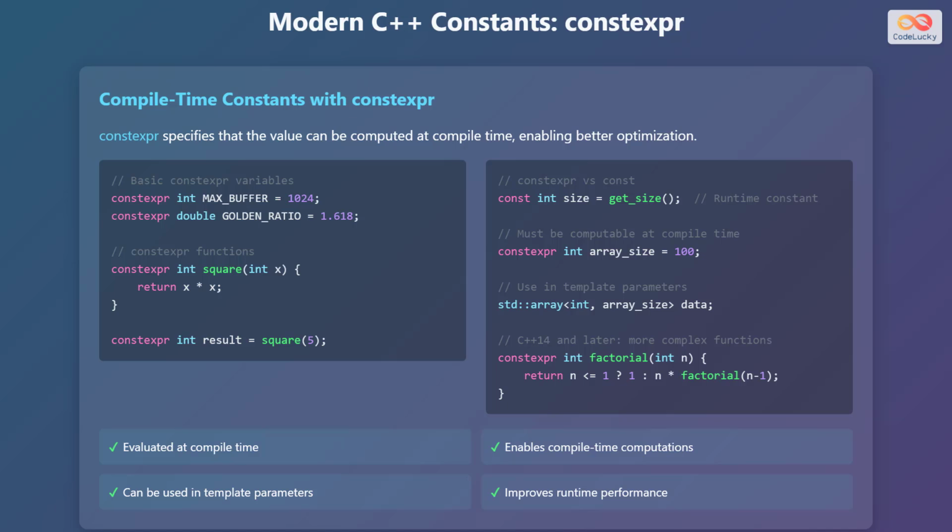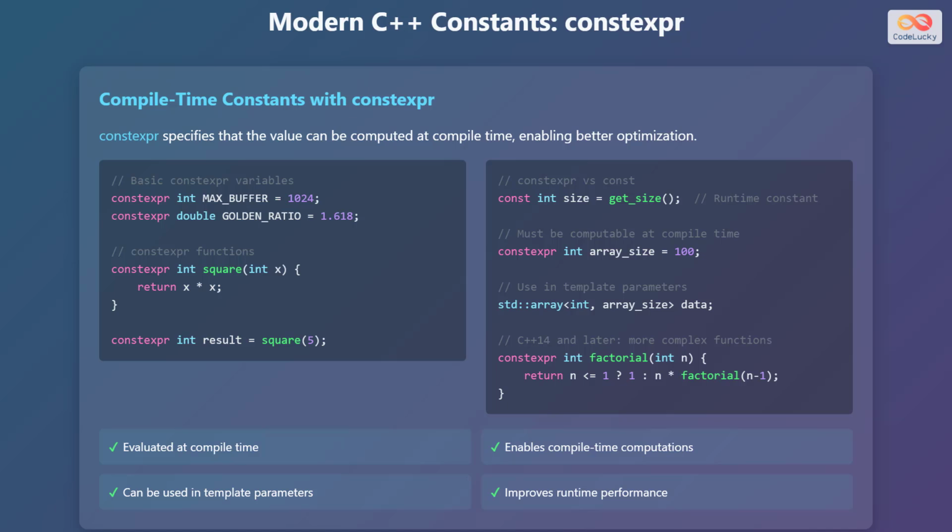When comparing constexpr with const, variables can be initialized at runtime, while constexpr variables must be computable at compile time. Constexpr can be used in template parameters, while const cannot. For example, we can use a constexpr variable to define the size of a standard array.